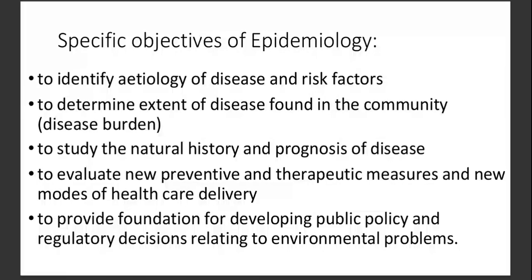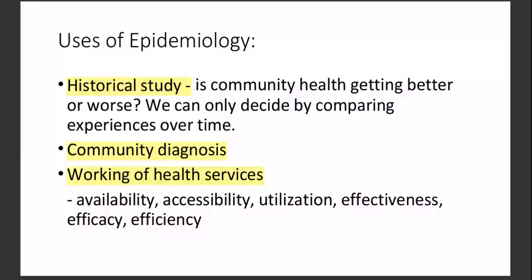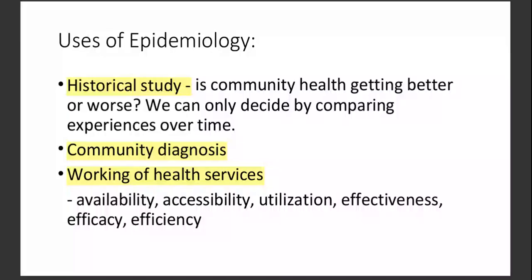Another thing to understand is the use of epidemiology. The reason you want to follow up disease is to answer questions, for example, where is the disease more found? Which people are affected? Which time period? You want to see over the years.